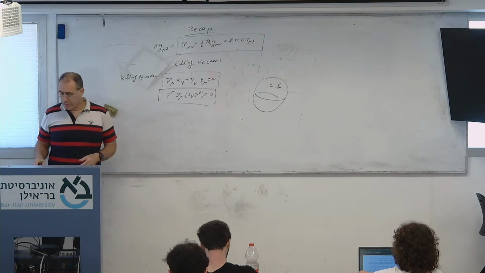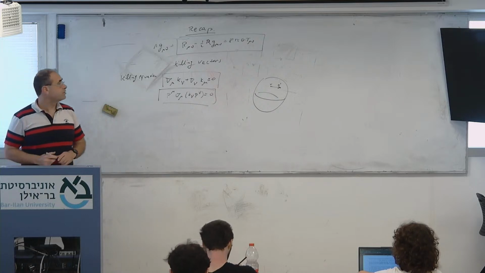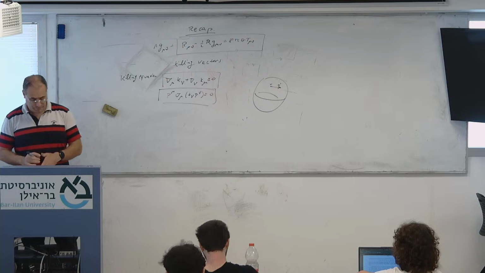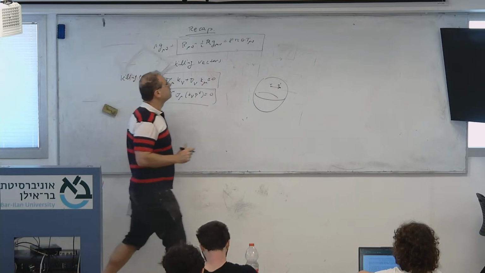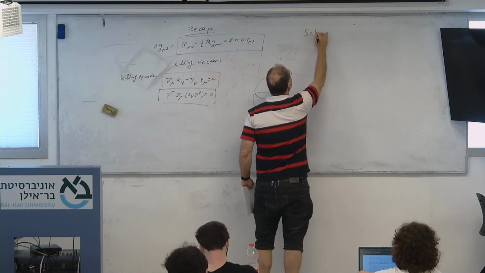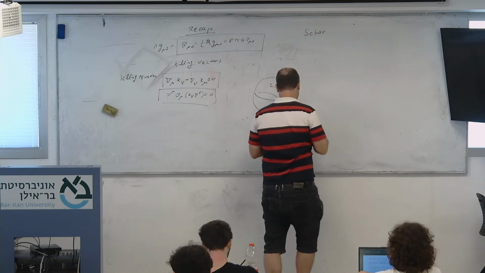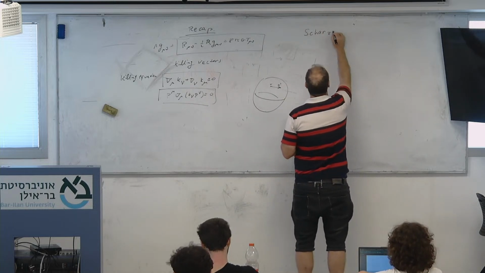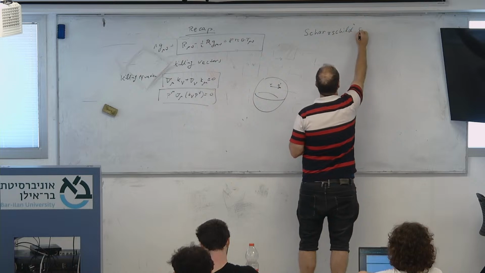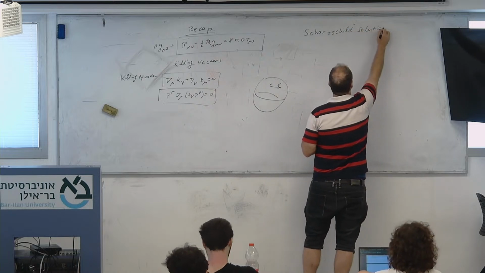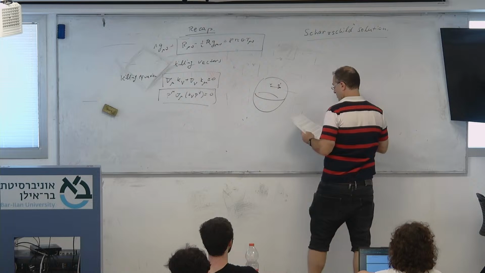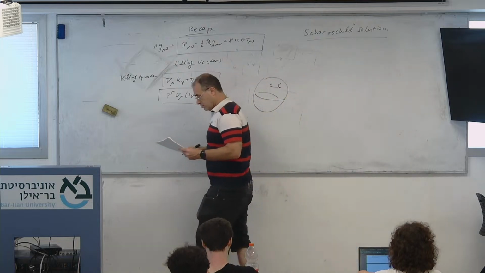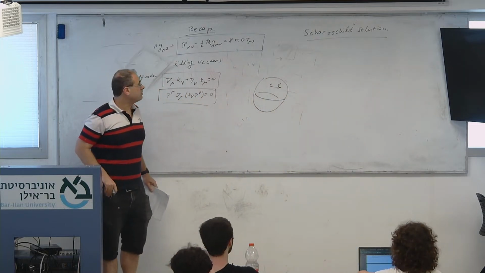And then the last thing we did was to start looking for the Schwarzschild solution. This great name, Schwarzschild solution. So we look for a solution for a metric.